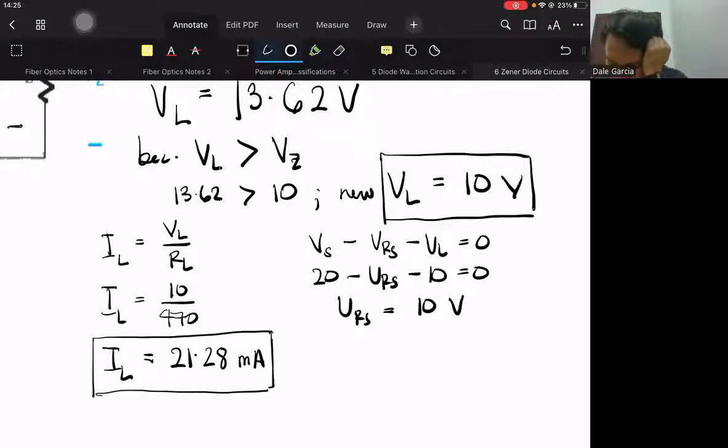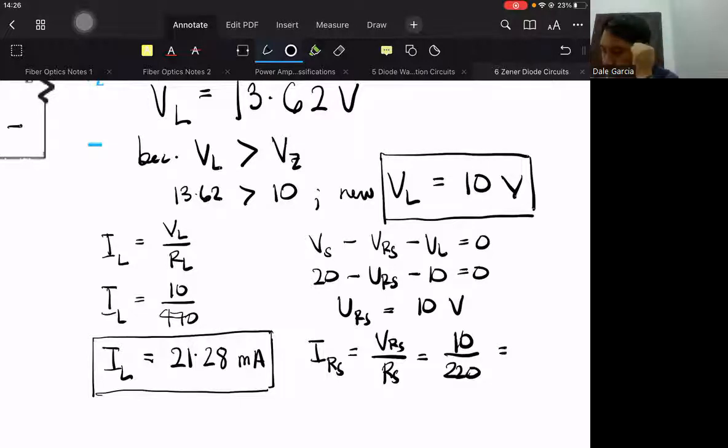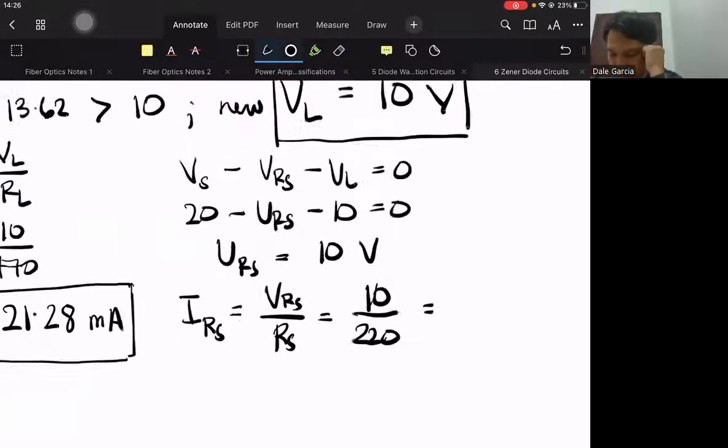We can now solve for IRS. IRS is equal to VRS over RS, 10 over 220, which is equal to 45.45 milliamperes.